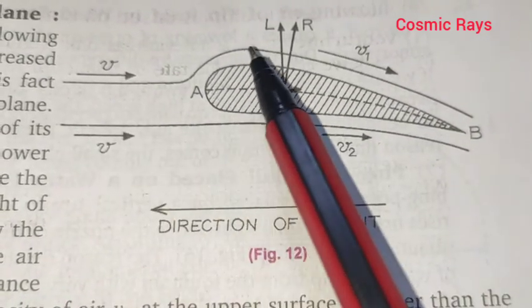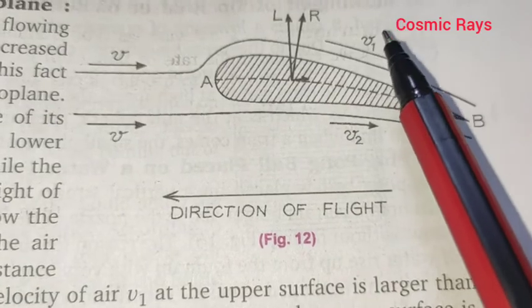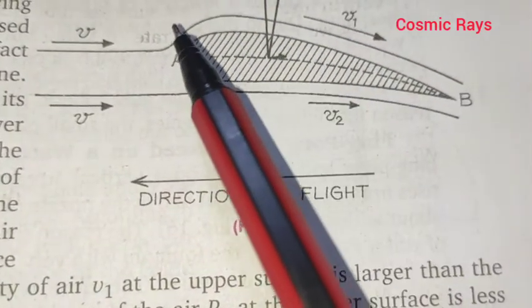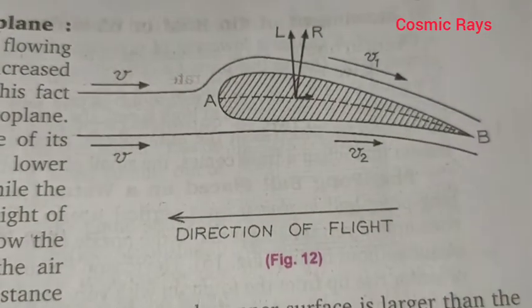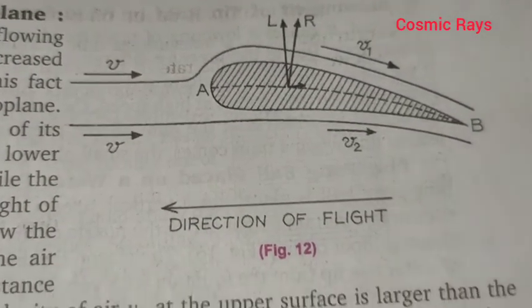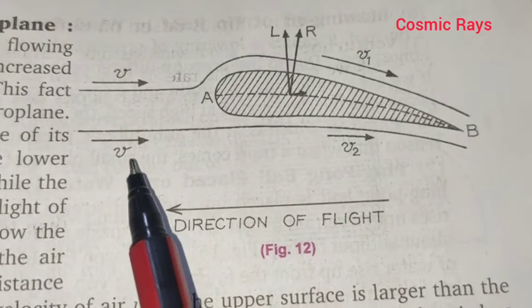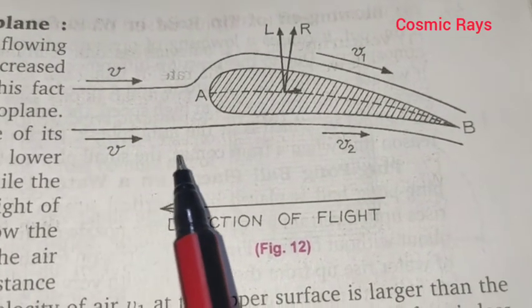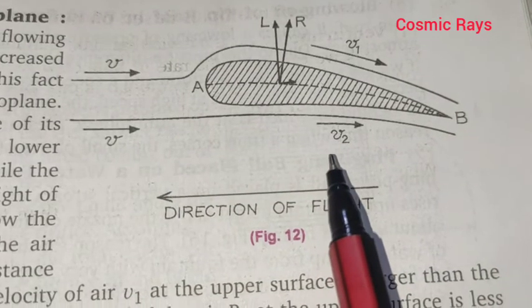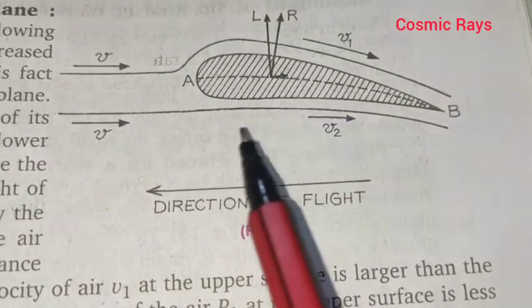So the velocity is higher or velocity is increased. So automatically if the velocity is increased here, then the pressure will be decreased. And since in the lower part the velocity is less compared to the front part, pressure will be more.